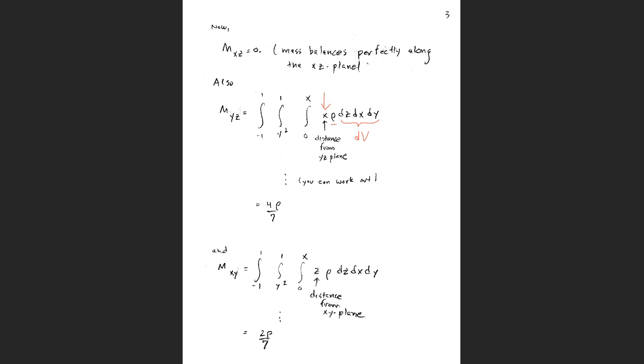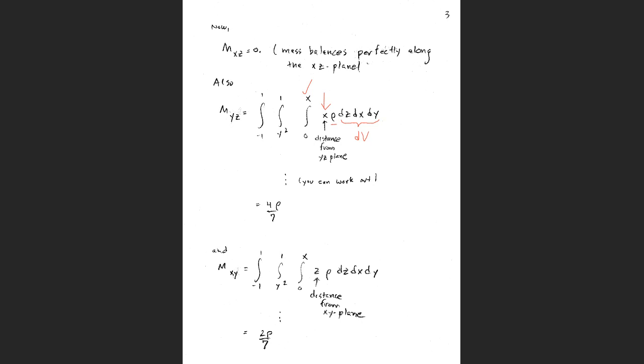So again, this is a counterpart to the moments about the x and y axes that you learned when you found the center of mass of a lamina. And the limits don't change. That's kind of nice, right? The solid's still the same.